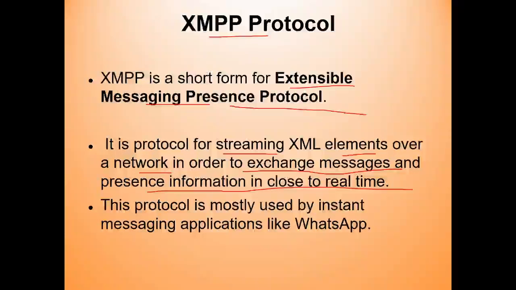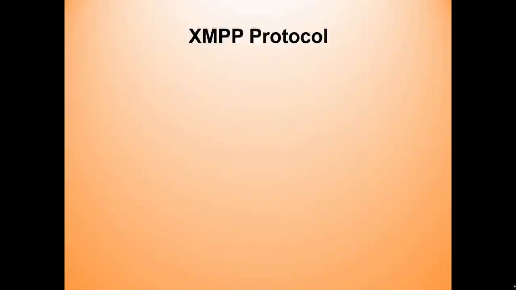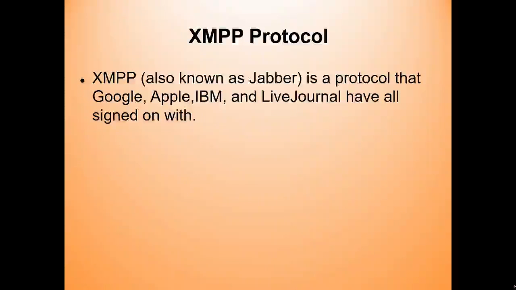Whatever XML elements are there can also be loaded on web pages so that users can see them. This protocol is mostly used by instant messaging applications like WhatsApp, especially for sending messages. It is also known as Jabber.